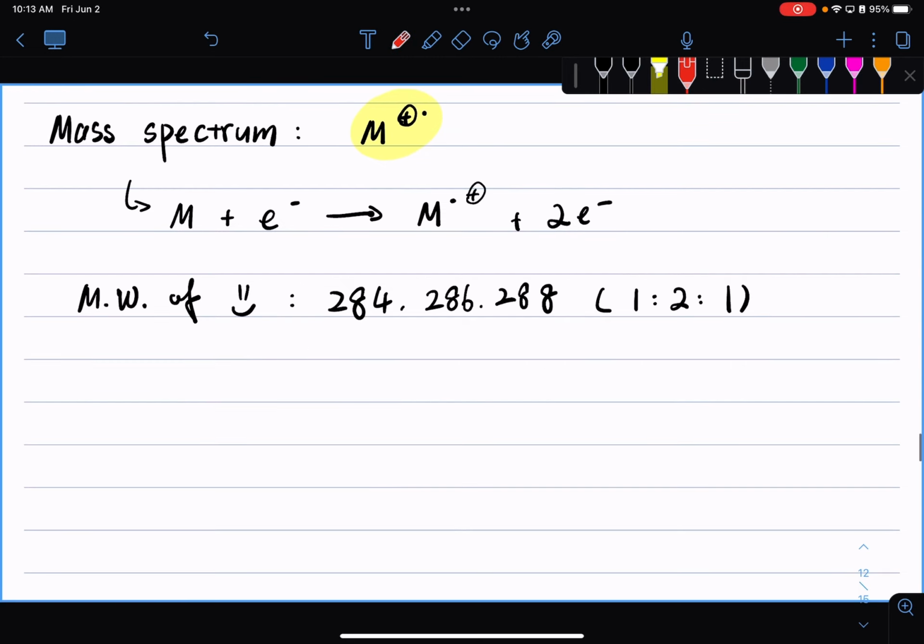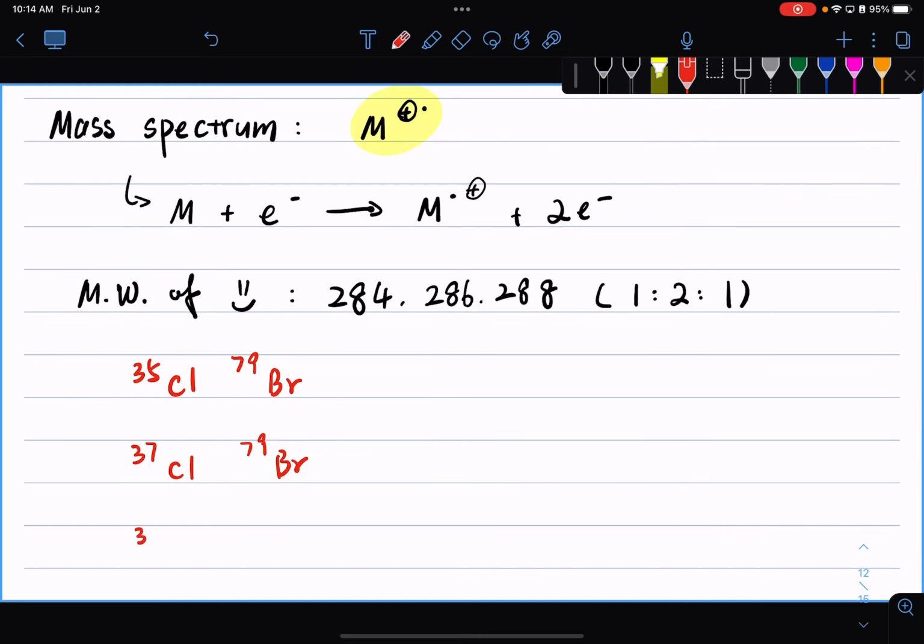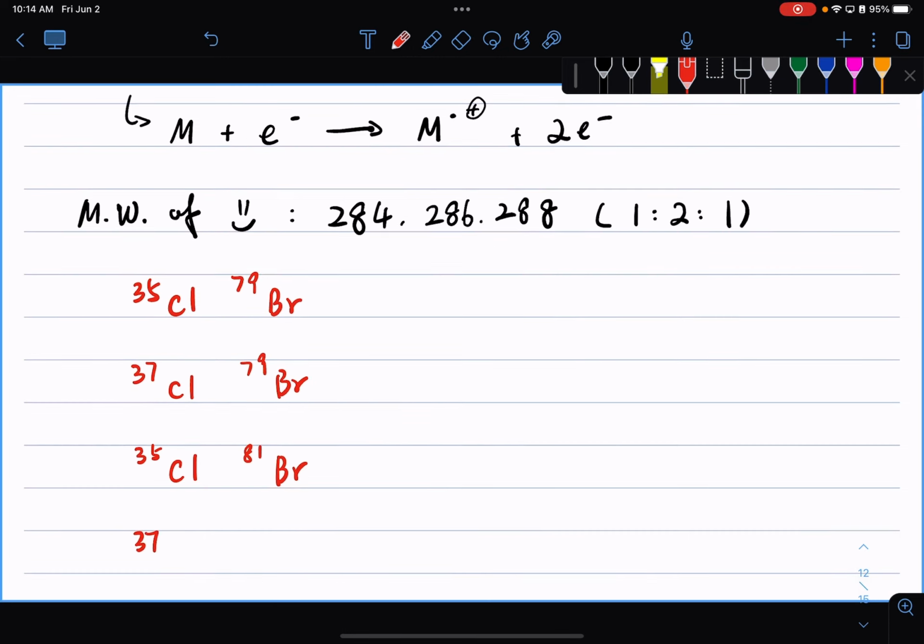If we have 1 bromine and 1 chlorine, we would have 35 chlorine with 79 bromine, 37 chlorine with 79 bromine, 35 chlorine with 81 bromine, and 37 chlorine with 81 bromine.